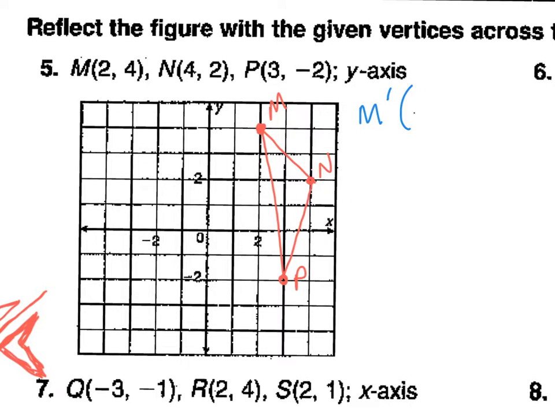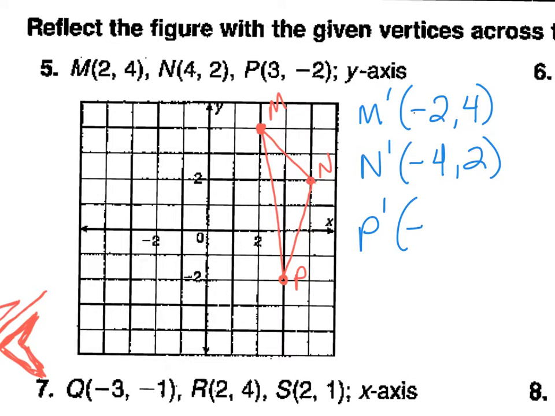The x coordinate. When you reflect it over the y-axis, you switch the sign of the x. So if it was 2, 4, then that would be -2, 4. Point N prime would be -4, 2. And for P prime, that would be -3, -2. So the x changes the sign, okay?